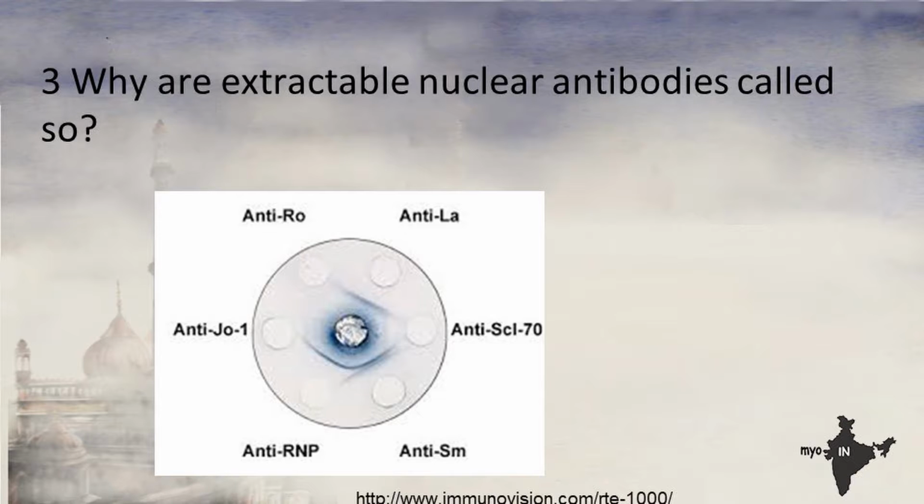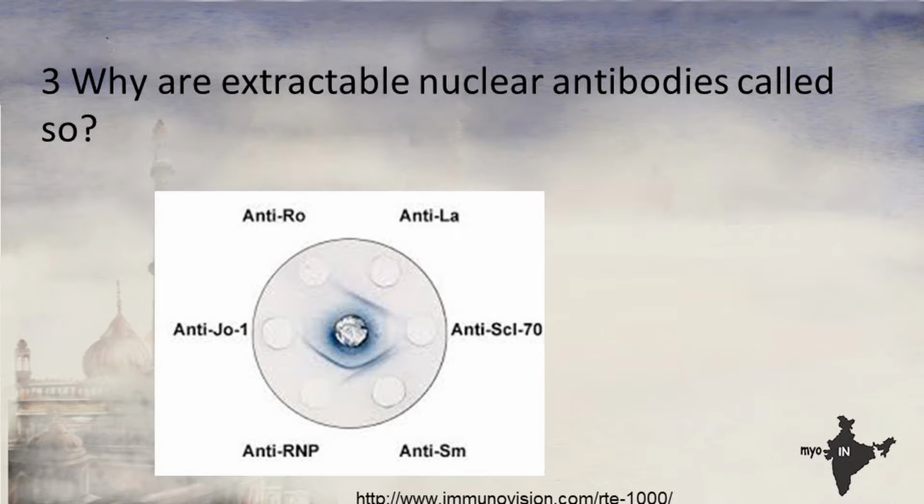Okay, I think Anuj is the right person to answer it. So nucleus is being broken by sonication, and whatever part gets solubilized in the upper part is called soluble nuclear antigens, and it is also called extractable, so that can be extracted from the cytoplasm. That's what I understand. I think I'm wrong, but I think you're somewhat right.